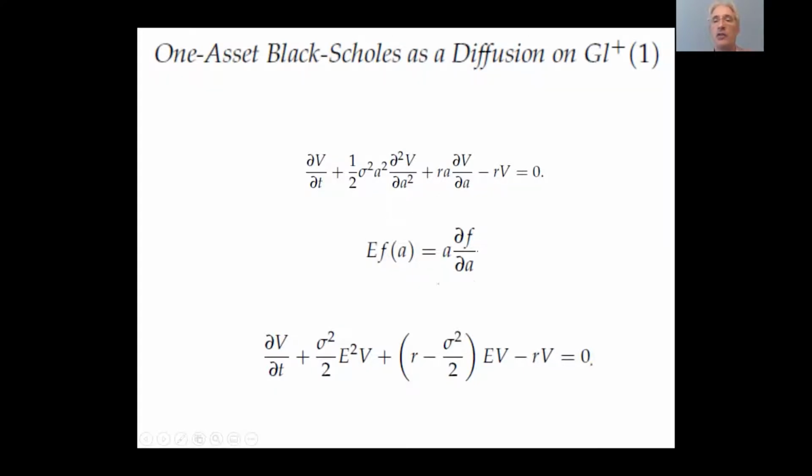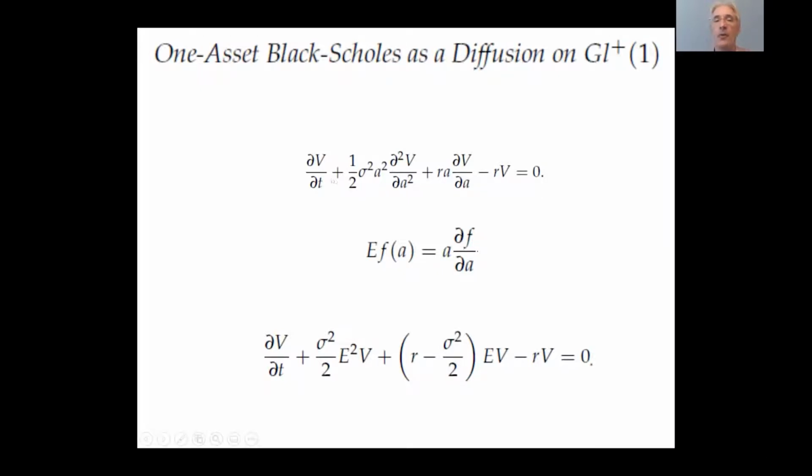Now, if you look at the differential operators, as I defined previously, for the case of GL1 plus, in other words just the positive real numbers with multiplication as the group operation, then you get a differential operator that looks like this. It's one-dimensional. There's only one differential operator. It's abelian, so the left ones are equal to the right ones.